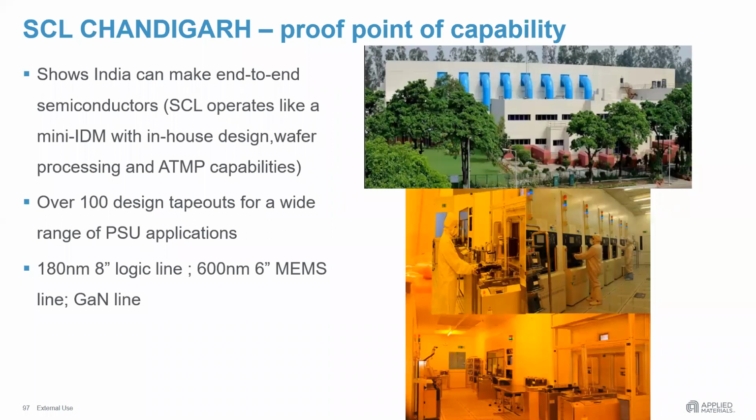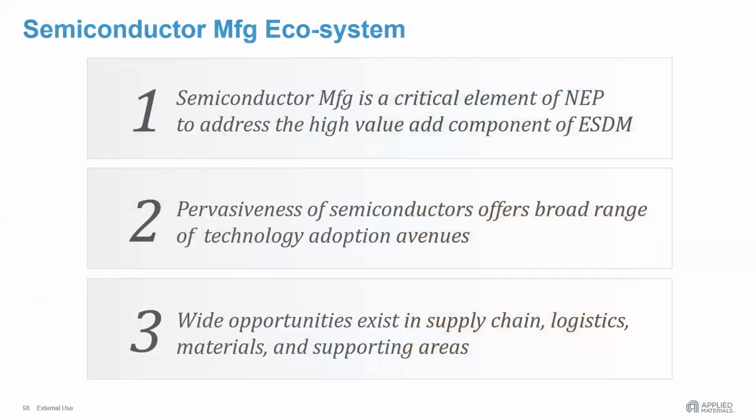And believe me, we have nothing to be shy of with the 180 nanometer or 600 nanometer production lines at SCL, because they are producing radiation hardened chips, which are functionally created at higher feature sizes than the commercial chips. So the key message in this part is very simple.